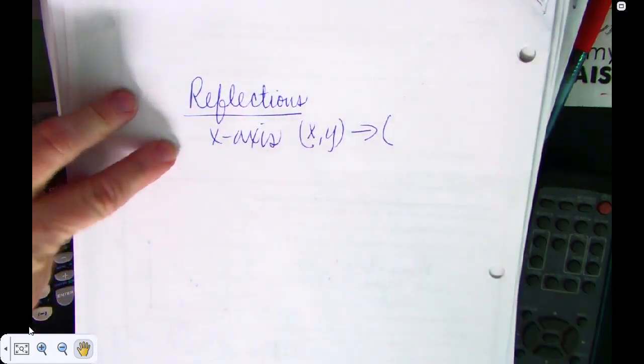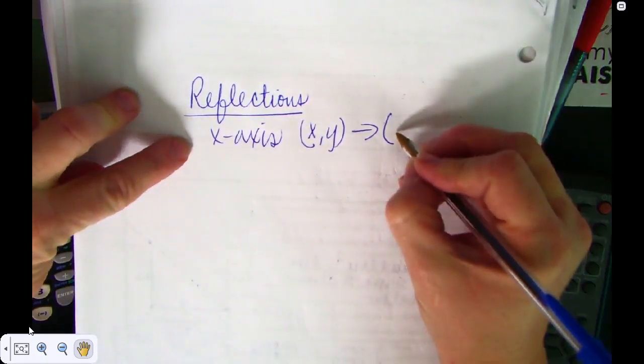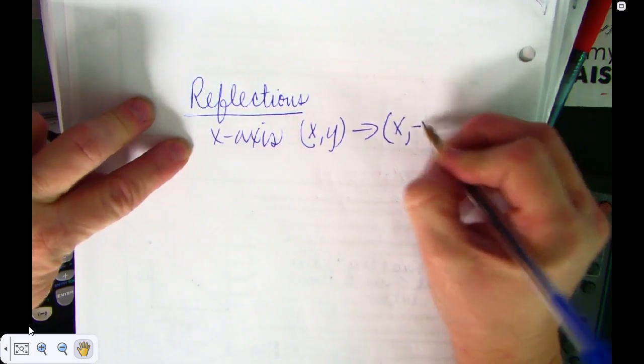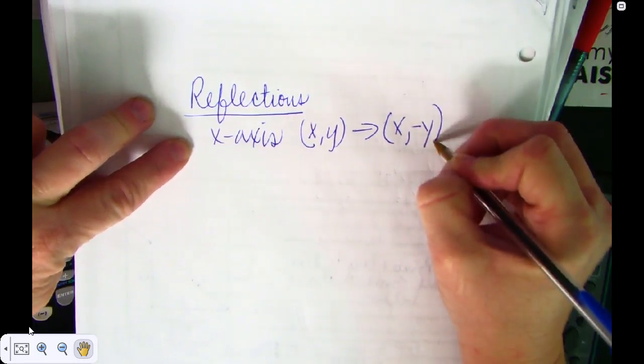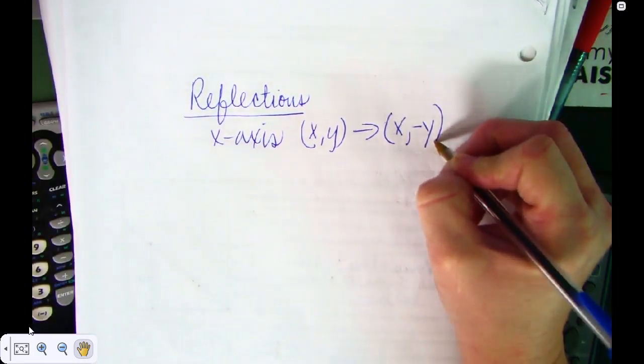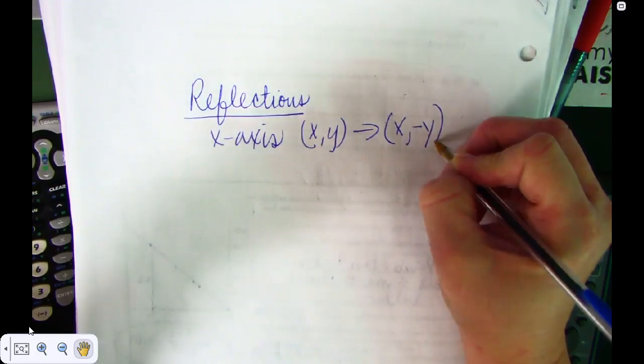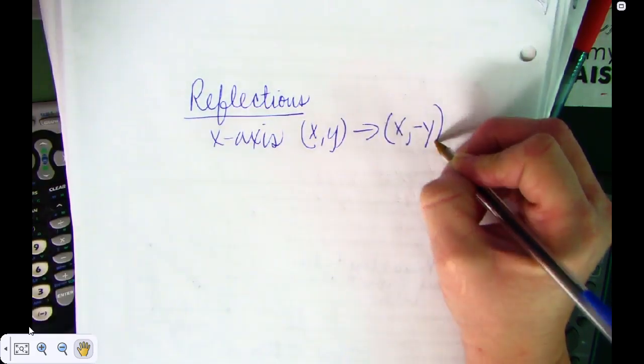But when you went across the x-axis, what happened to the x? It stayed the same. And what happened to the y? You flip the sign. So when you're doing reflections, you're not adding or subtracting anything because you're not sliding and moving it. You're actually flipping, so you're just flipping the signs.